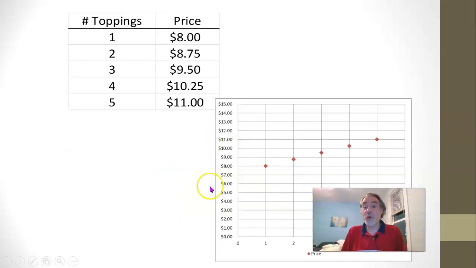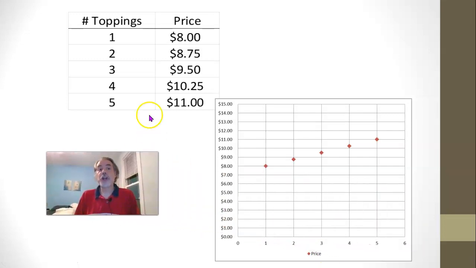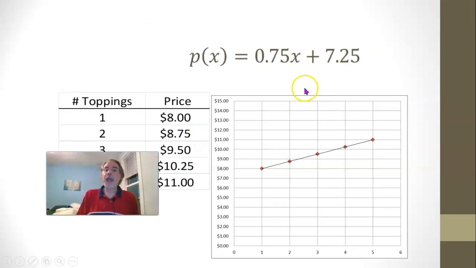And if we plot points, if we draw a graph, and for each pair of numbers with the number of toppings and the price, we put a dot on the graph, it turns out that those dots all line up in a straight line. We could draw a line that goes through all of those dots, and we could write an equation.